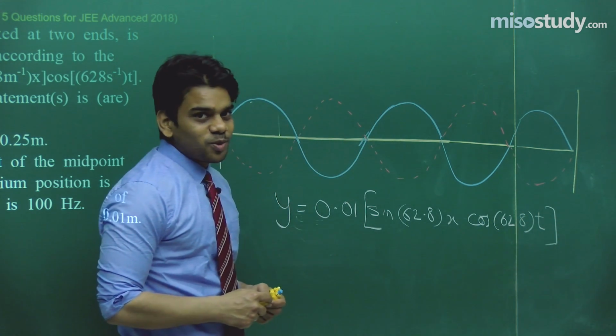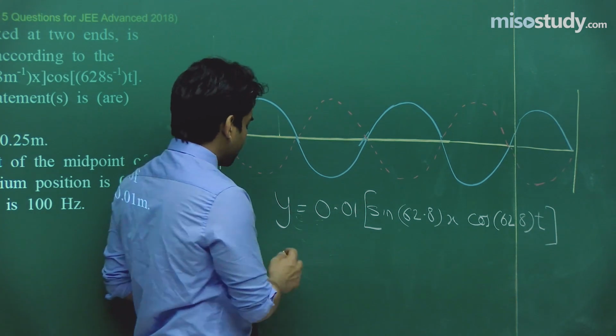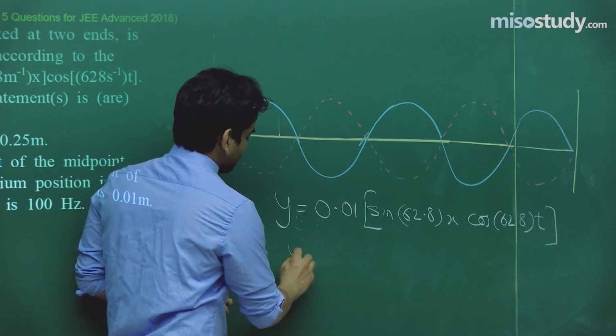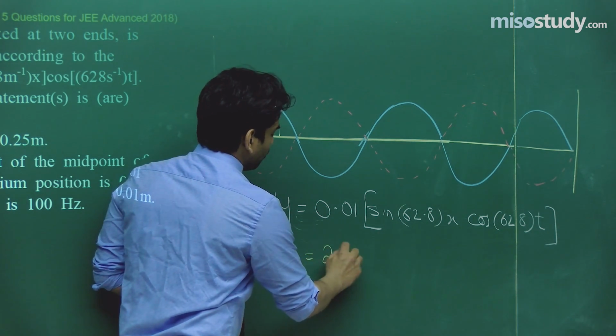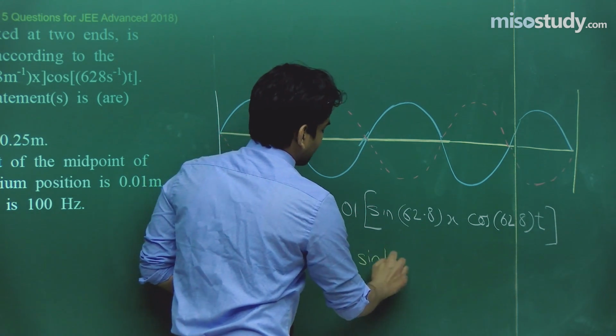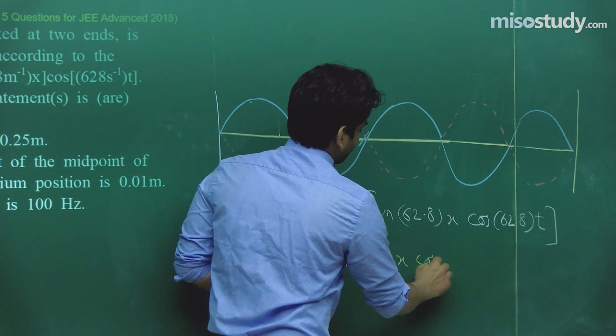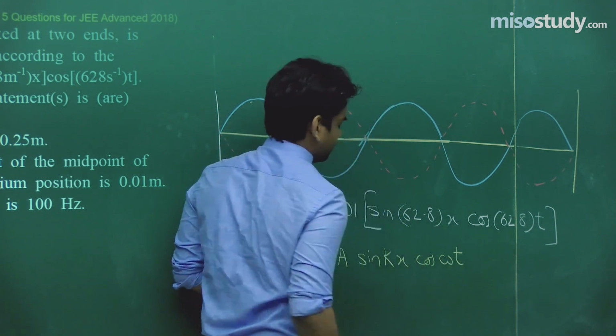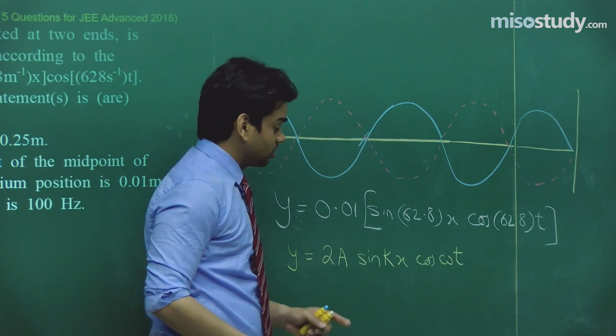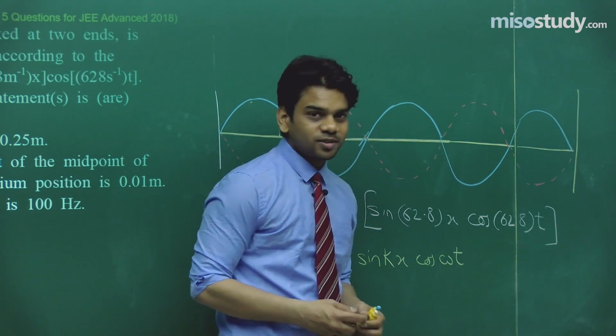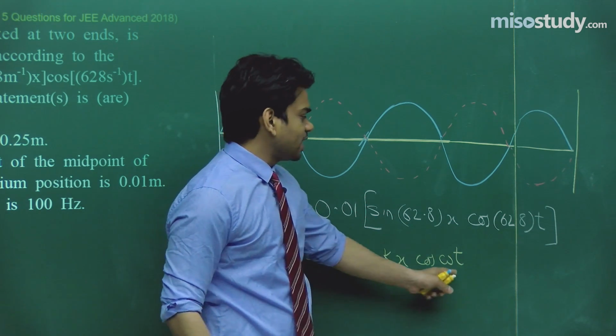I believe that you must be remembering the standing wave general equation. The general equation is given as y equals 2a sin kx cos omega t. This is the general equation that I have written. k is the wave number, omega is the angular frequency.